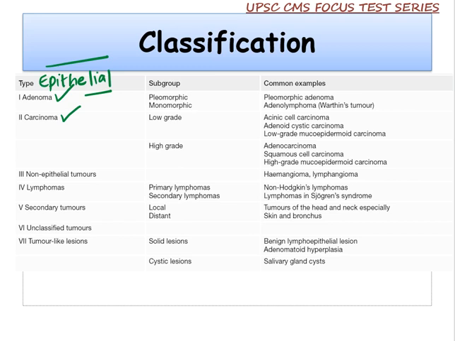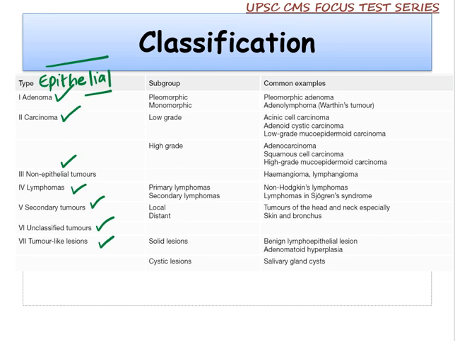And the other salivary gland tumors are just for you to remember the names alone. They are not very important, which include the non-epithelial tumors of hemangioma and lymphangioma, lymphomas, secondary tumors, the metastatic tumors, unclassified tumors, and the tumor-like lesions like salivary gland cystic lesions. Out of this, as I told before, the two main categories are adenomas and carcinomas.